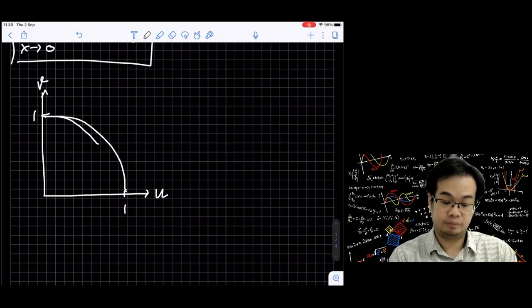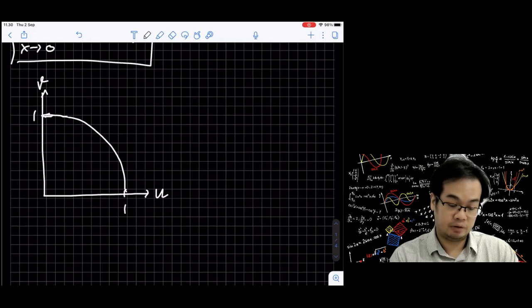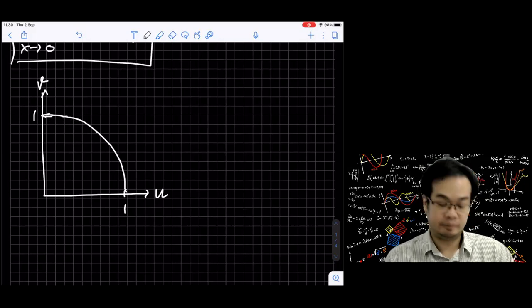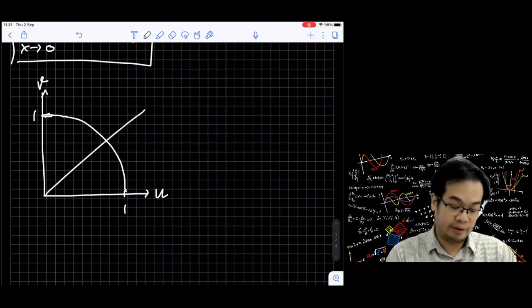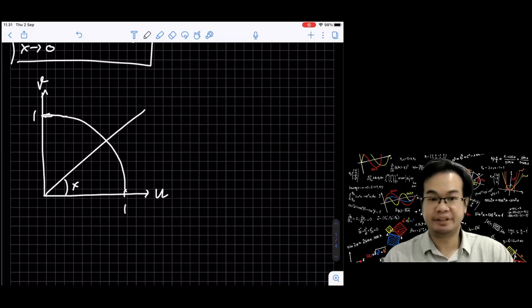Like this. Let's say that this is a semicircle. And then I'll draw a line ray where the angle is, let's say, x radians.